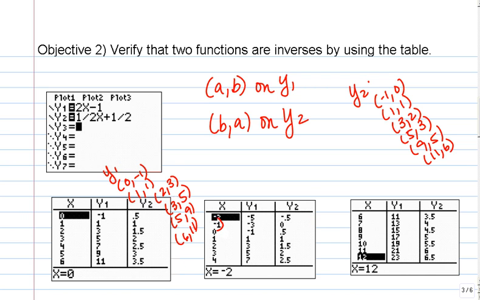So here is (-1, 0) on y2, (1, 1), right, it's on y2, (3, 2) is there, (5, 3)... oh, it's actually here on this original one, (5, 3), (9, 5), so if x is 9, y is 5, and (11, 6). So yep, just from an examination of those few points, it does look like these two functions are inverses.